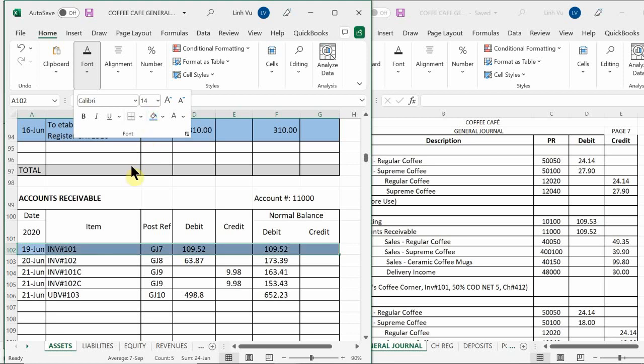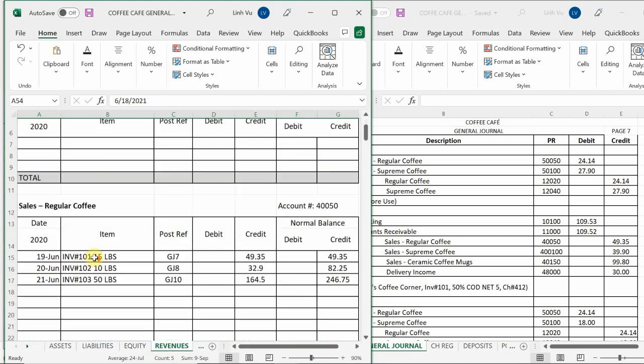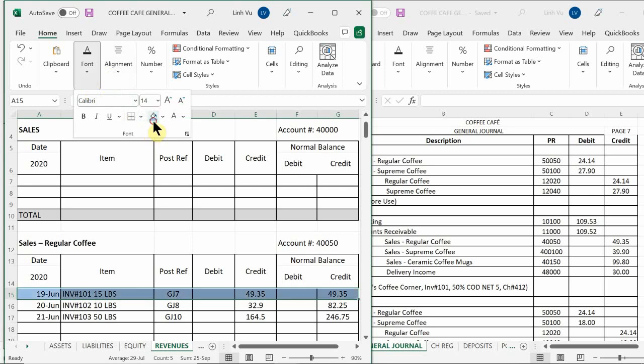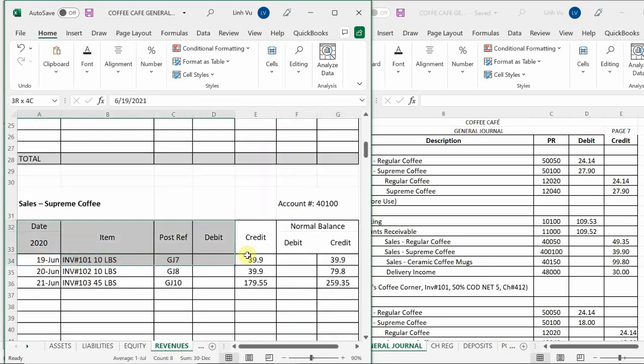Okay. Then we have to do all the sales for the regular, Supreme and then the ceramic coffee mugs. So revenues. Here you go. First one in here. Sales for the 49. The Supreme coffee for the 39.